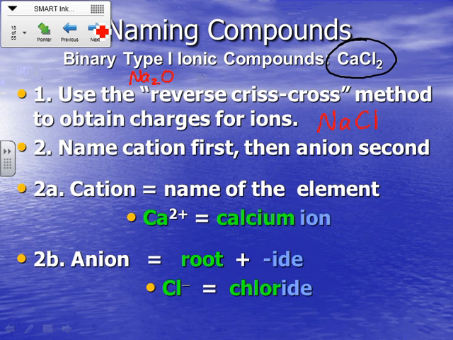If you say sodium oxygenide, I get that you just didn't know where to cut off the root, but technically it's oxide. So the trick there is just knowing exactly where to cut off the word and put the IDE ending. Just go with what sounds right. Oxygenide sounds funny, doesn't it? So oxide sounds better.